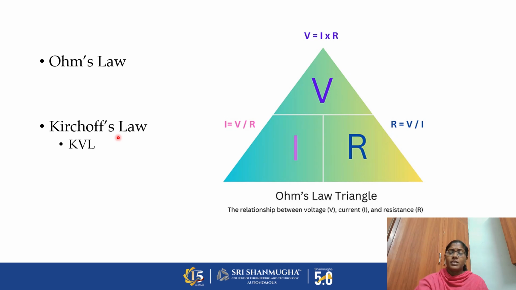Next, what is Kirchhoff's law? Here we have two laws in Kirchhoff's law. The first one is Kirchhoff's voltage law. We'll use Kirchhoff's voltage law only in the mesh analysis. So what is Kirchhoff's voltage law?